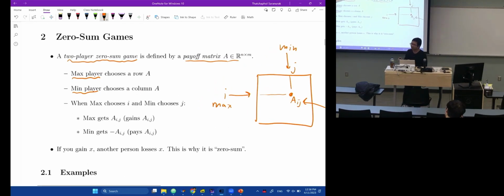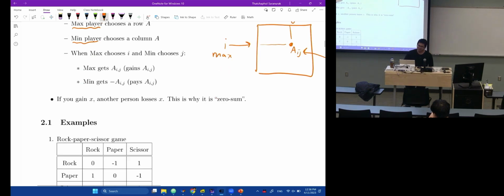So this is why they call it zero sum, because the sum of this is zero. Okay. So when someone gains something, another player must pay that amount. Okay. That's a zero-sum game. And every zero-sum game is just one matrix, basically. Okay. So you can think of a zero-sum game as just a way of thinking, but formally it's just one matrix.